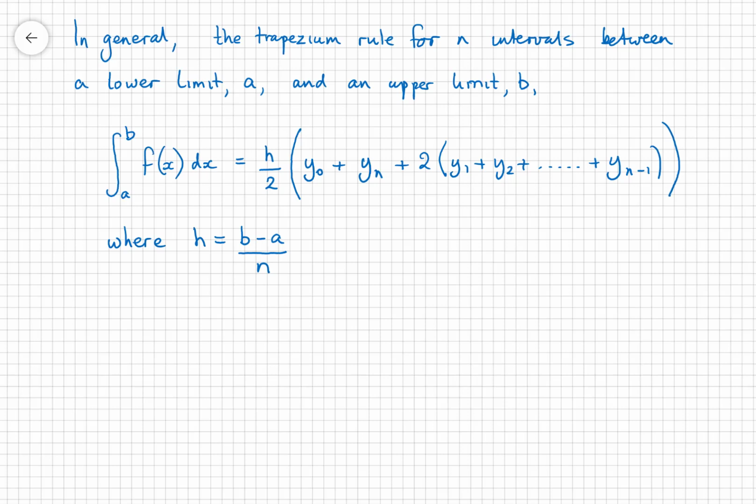And h in that formula, remember, the width of each trapezium, is the upper limit b minus the lower limit a divided by the number of intervals or trapeziums.